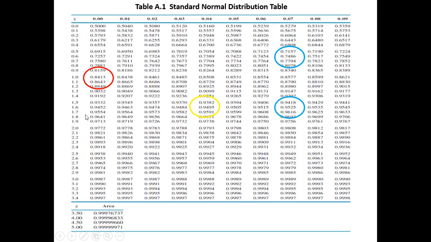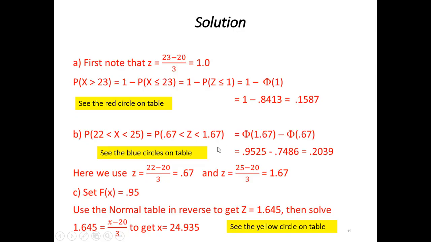So sometimes people would take 1.645 because it's right in the middle. 1.64 gives us this value, and this would be 1.65. So you can see over here I have z of 1.645.